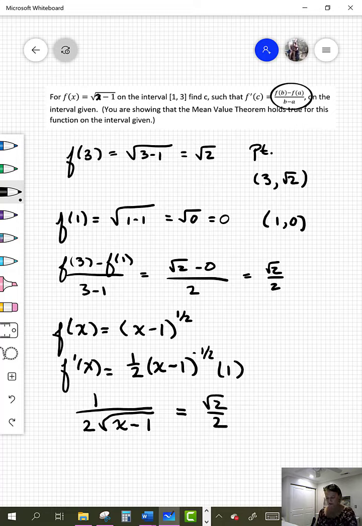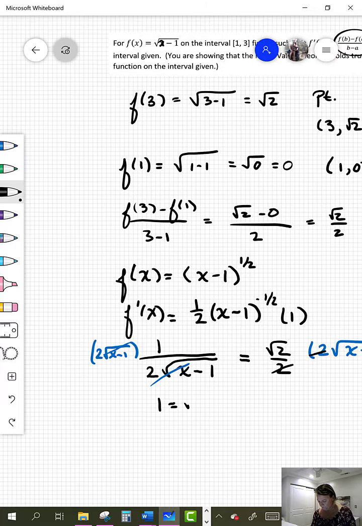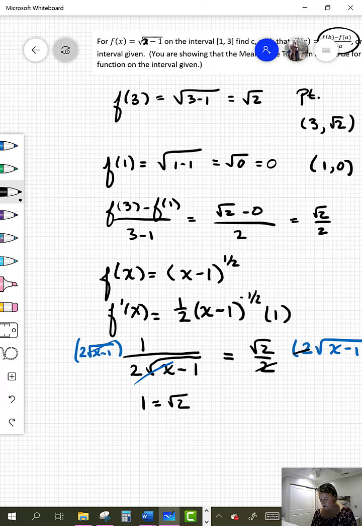So we want to solve for x here, and that will be our value of c, which makes this true. And so let's clear a fraction, or at least one of them. Let's multiply both sides by 2 square root of x minus 1. So that cancels, leaving us with 1 on the left equals, my 2 cancels here, root 2 all times the square root of x minus 1.